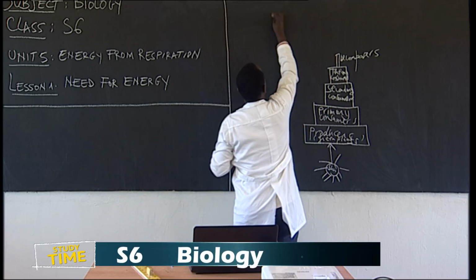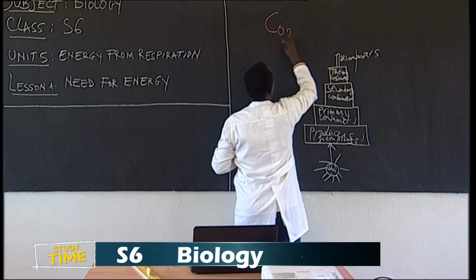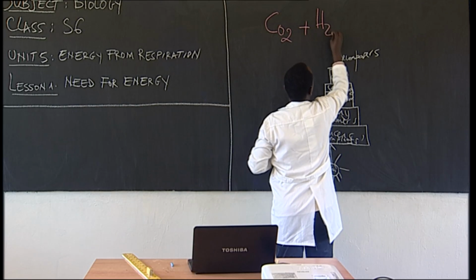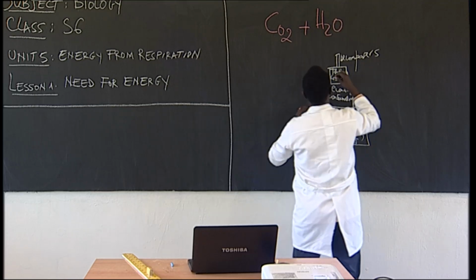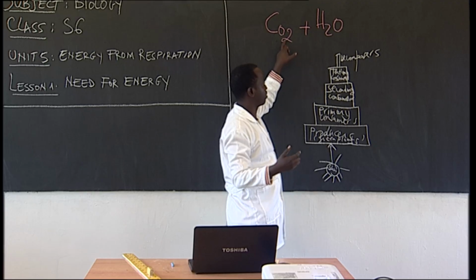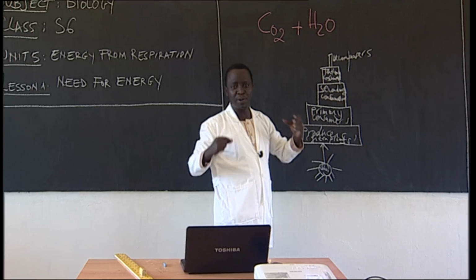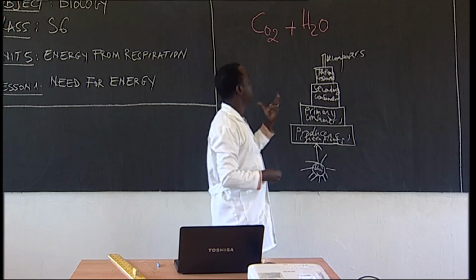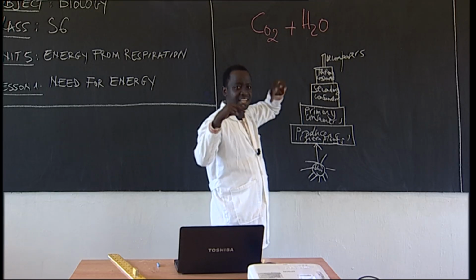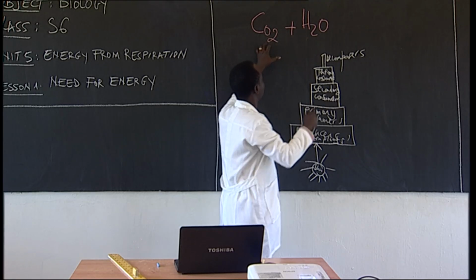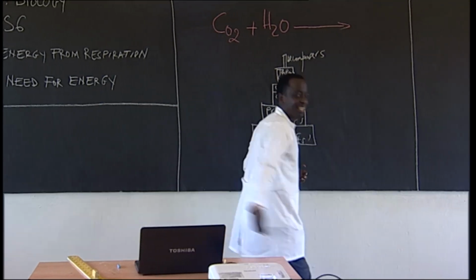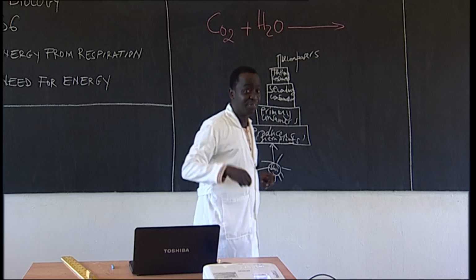For example, you have carbon dioxide plus water. Actually this carbon dioxide comes from when we breathe out, and it is going to be taken by green plants. And then water comes from the soil. Then when they reach the leaves, they meet with this carbon dioxide. Then they produce food.